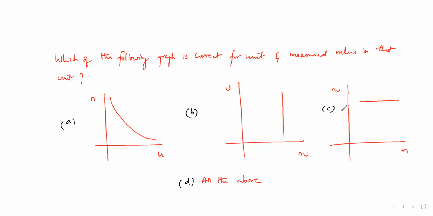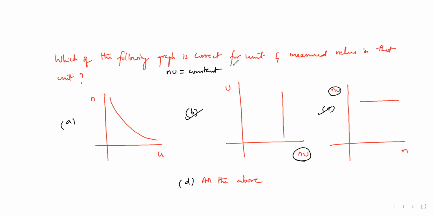First of all, I told in the beginning of the class that nu is equal to constant, correct? So whenever and wherever you see nu, check whether the graph is constant or not. Yes, both are constant, correct?